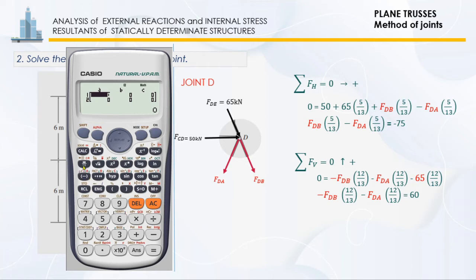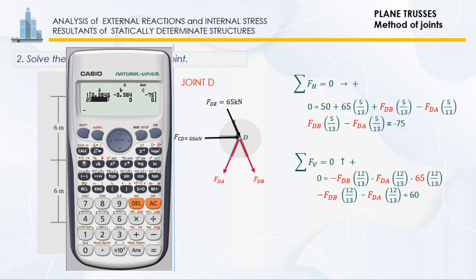So, we have 5 over 13, then equal. Then, minus 5 over 13 again, equal. Then, negative 75, equals.